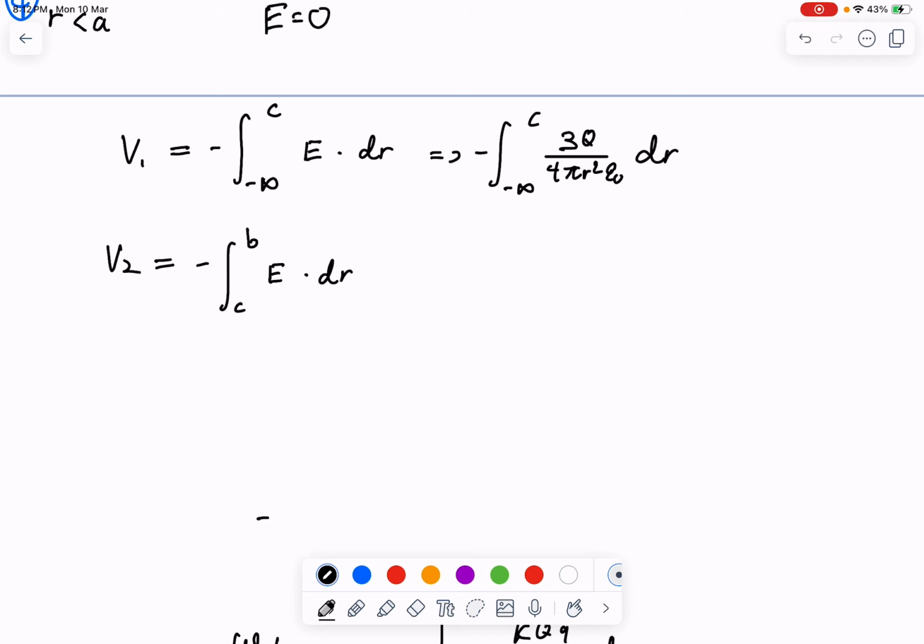So I should not have this interval. The electric field is 0, yes, but because we have a conducting shell, the inside of a conducting shell has potential equivalent to the outer shell.